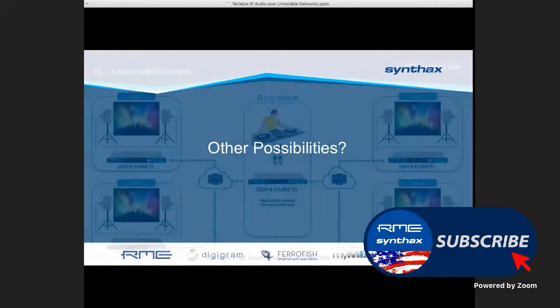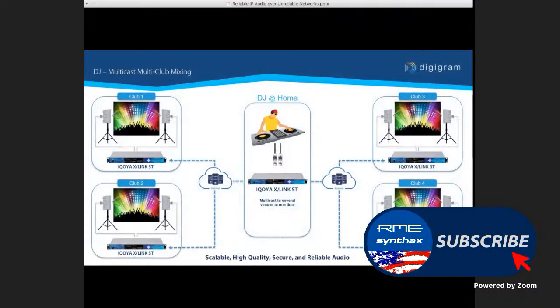Other possibilities, we had this come up recently where DJs, especially professional DJs who do work for major nightclubs, wanted the ability to have their live mix performances broadcast to other venues, and have those venues pick up the broadcast and put it in their local PA systems. So the quality of the audio for that has to be impeccable for that to work right. And they could do a live mix to multiple clubs at the same time.